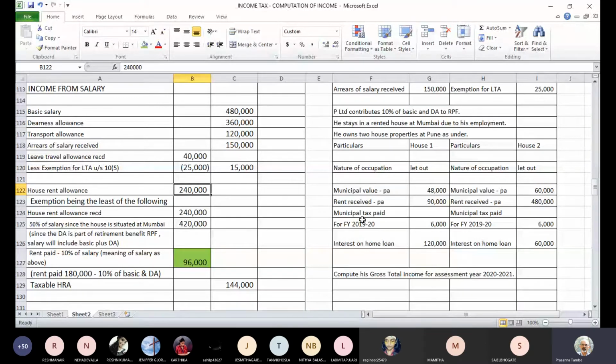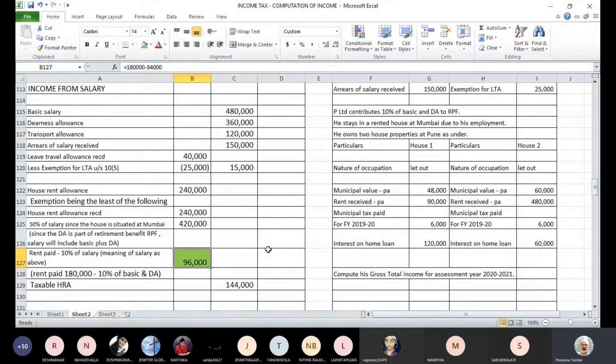Rent paid is 15,000 per month, multiplied by 12, so annual rent paid is 1,80,000, minus 10% of basic and DA. 10% of basic and DA will come to 84,000 rupees, because his basic of 4,80,000 plus DA of 3,60,000 together is 8,40,000. So 1,80,000 minus 84,000 comes to 96,000.